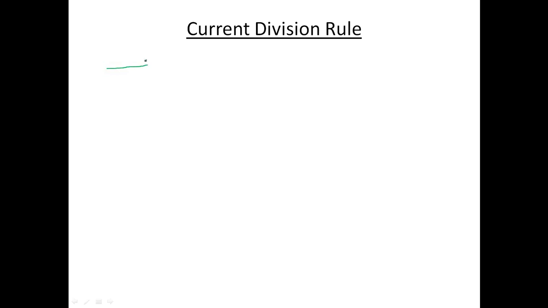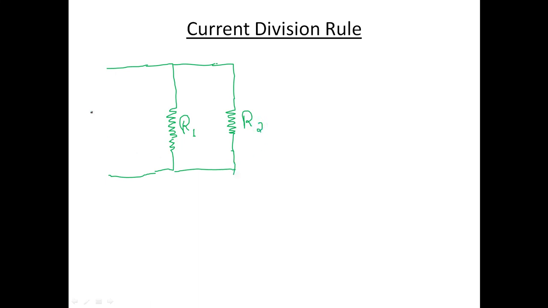Let's say this branch has a resistance R1, and there is another branch having resistance R2, and there is a voltage given from the source V.